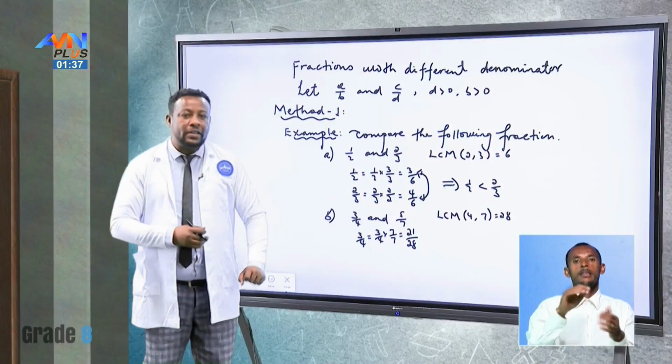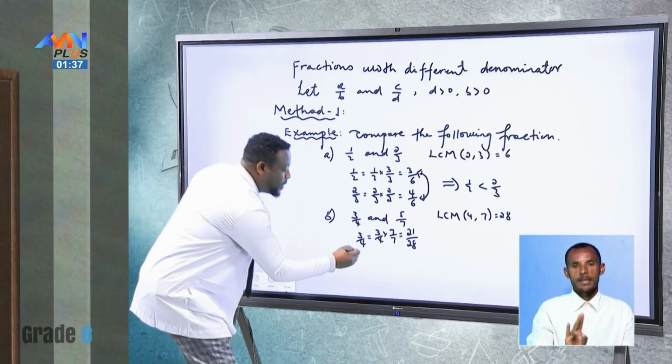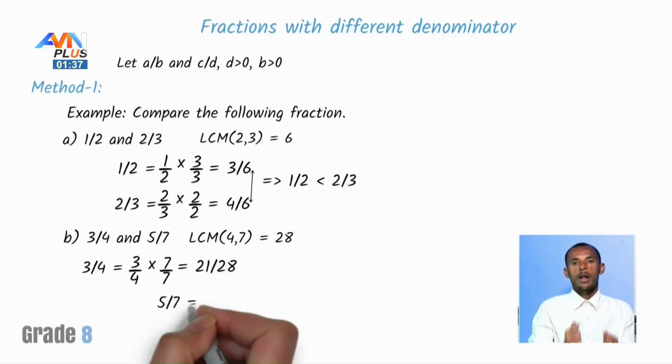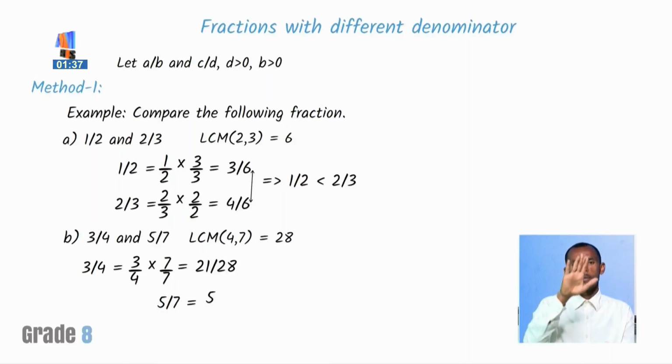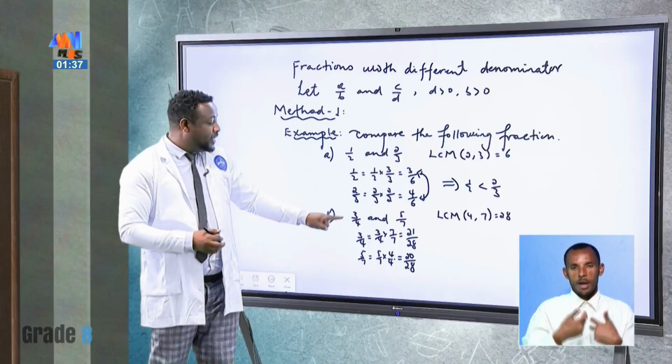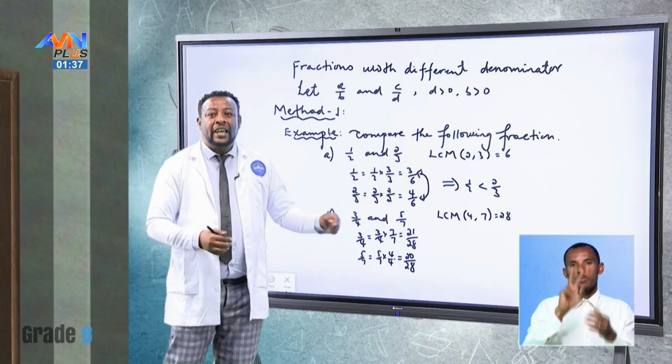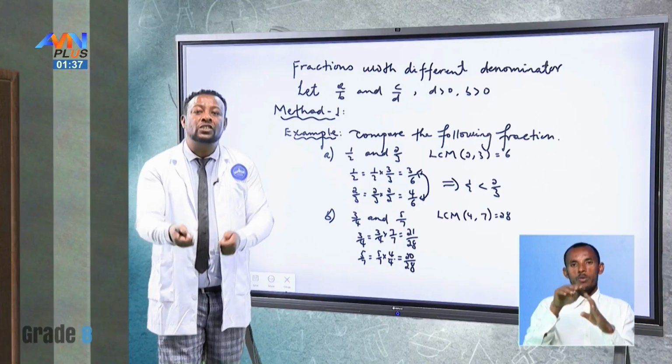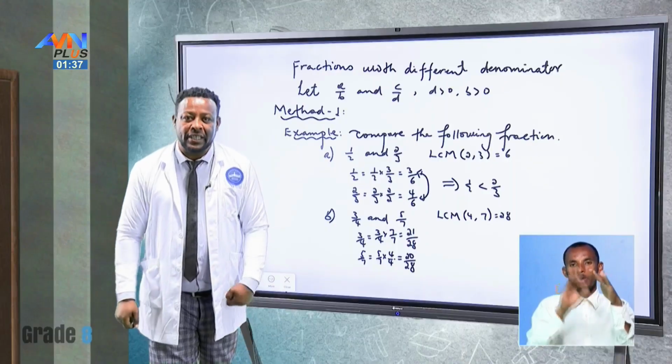Take 5 over 7. 5 over 7 can also be written as 5 over 7 times 4 over 4. And this gives 20 over 28. Now we have converted these two fractions into equivalent fractions where the denominators are the same.